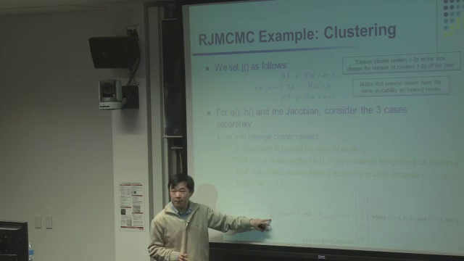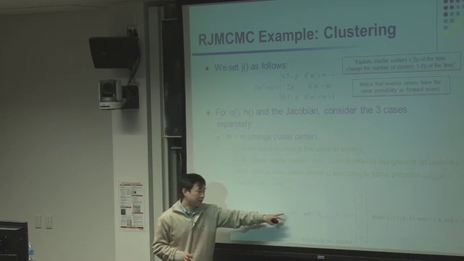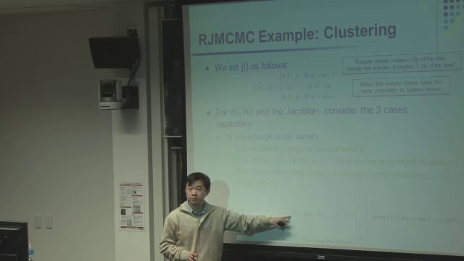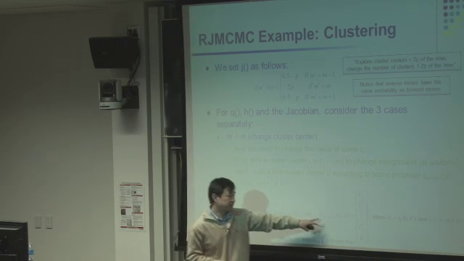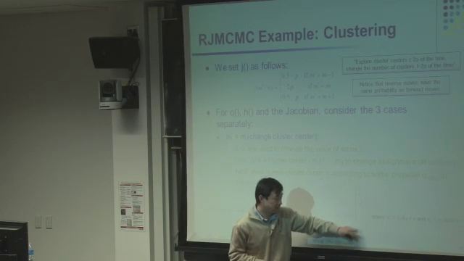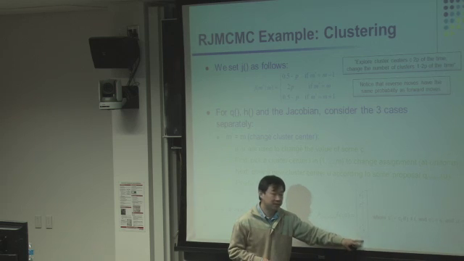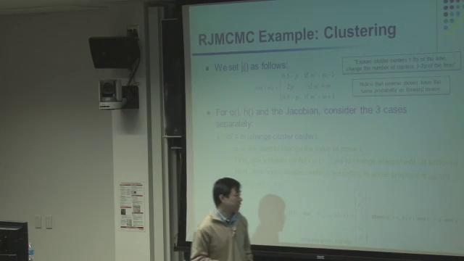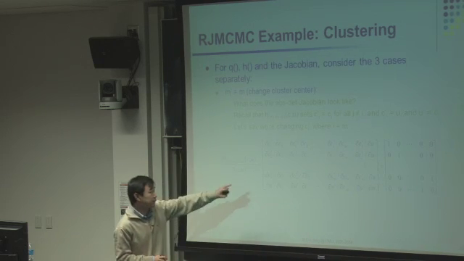With 1 over m, I'm going to choose just one of the cluster centroids, and then I'm going to draw the centroid from this Q distribution of mu. And this is my mapping function. Everything is kept the same, except that the other one now is going to be plugged in to replace the original value. And with this, you can now compute the Jacobian.